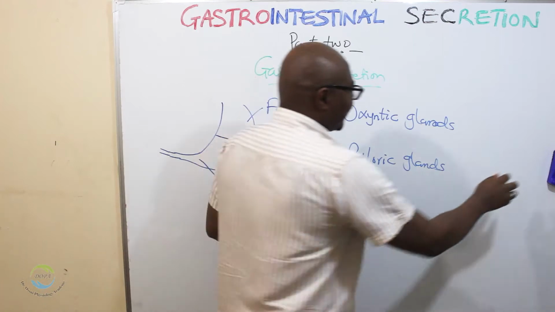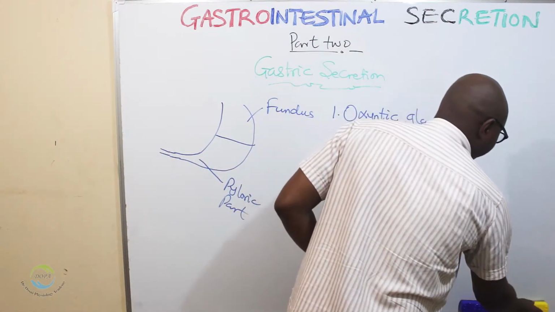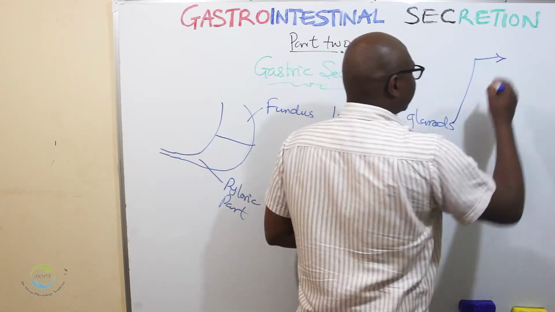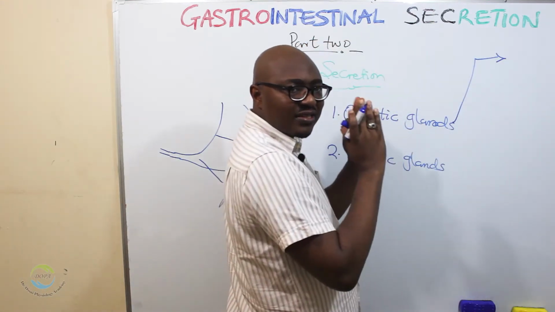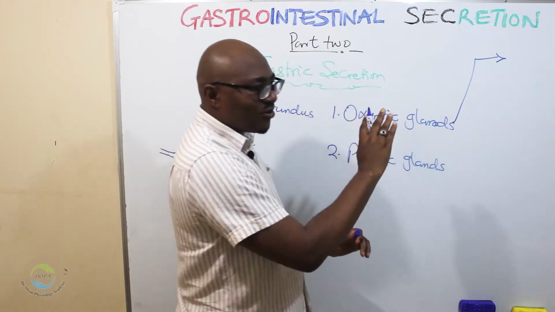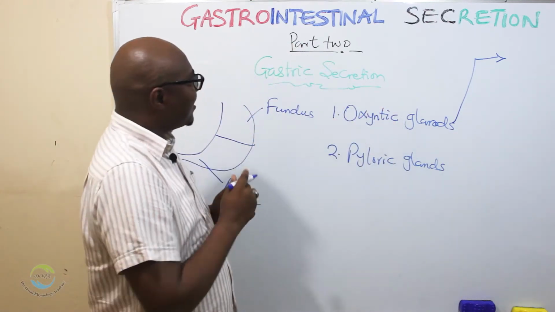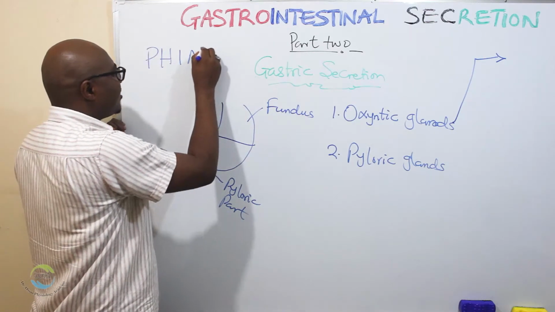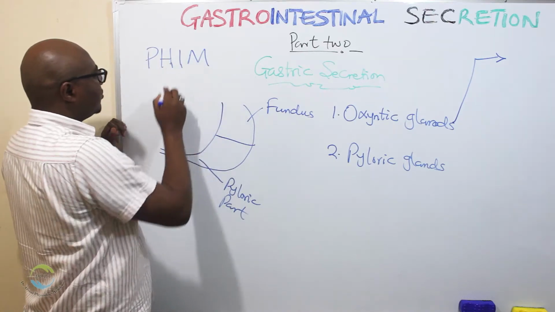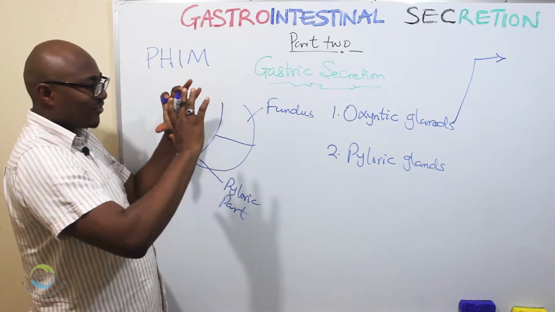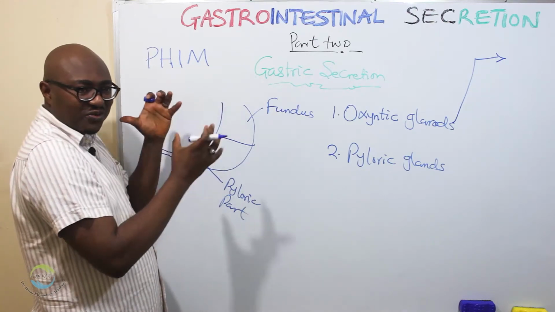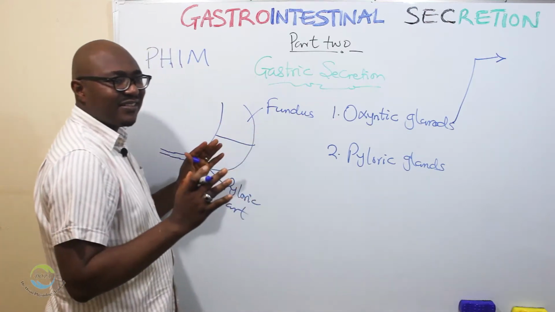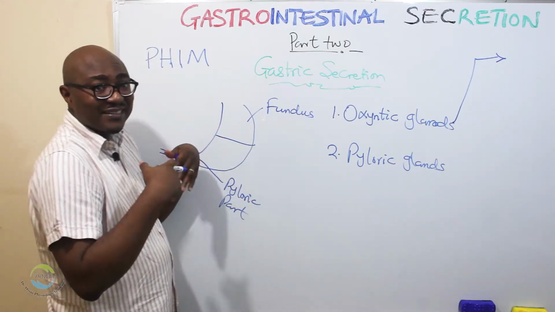So now let's start with the oxyntic glands. Number 1, that's what we call mucous neck cells. But before I go to that, something that will make it easier for us: use this acronym, PHIM. There are 4 major secretions of gastric juice. The gastric secretion, you also call it gastric juice. The pancreatic secretion also, you call it pancreatic juice.